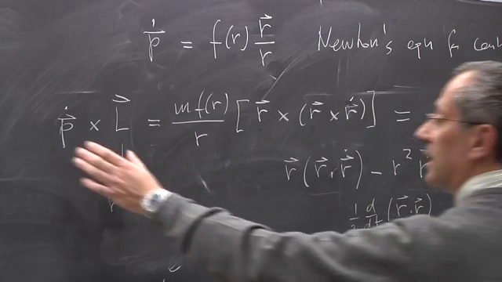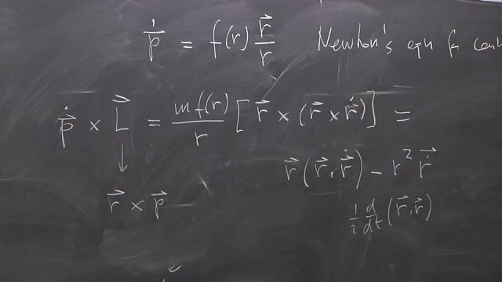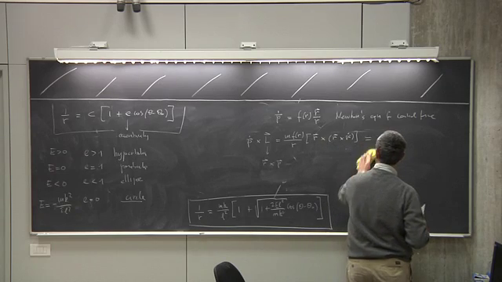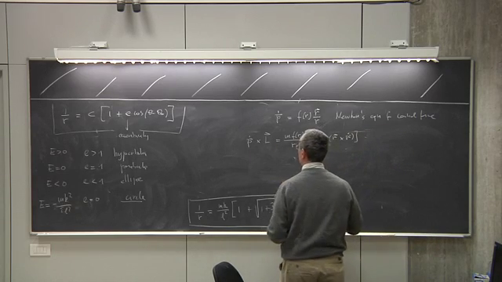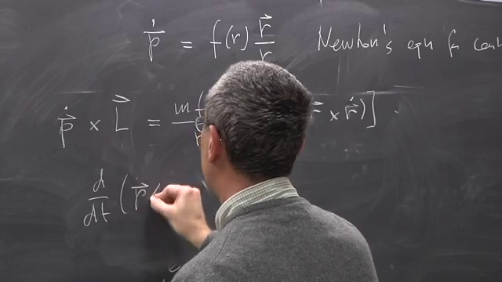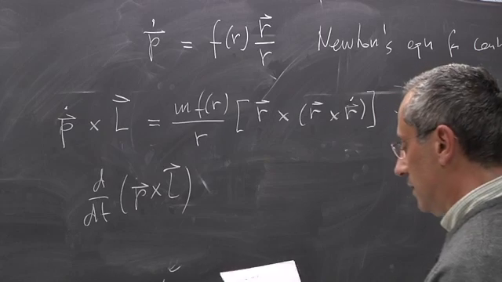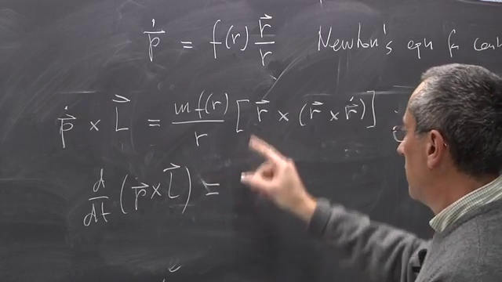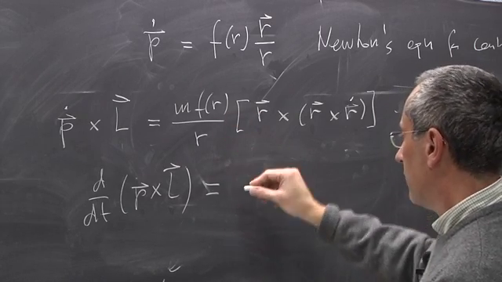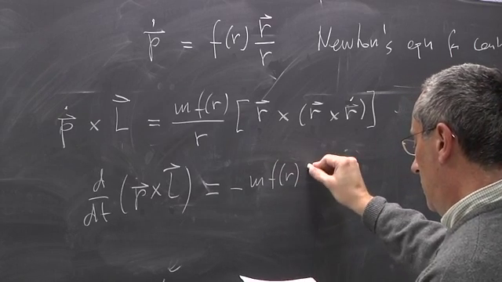So now I want to take the time derivative of this quantity. So d/dt of P cross L, now L is a constant, so I only have to take the time derivative of minus m f(r) r square.